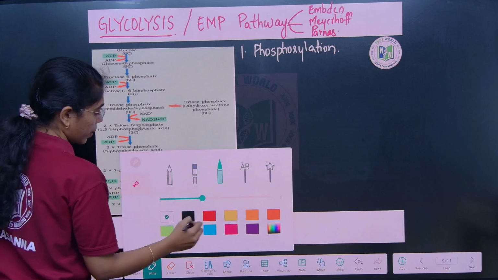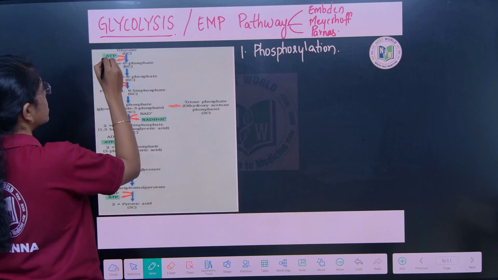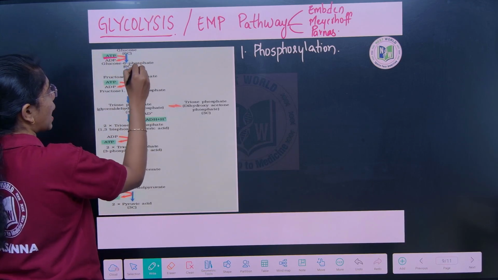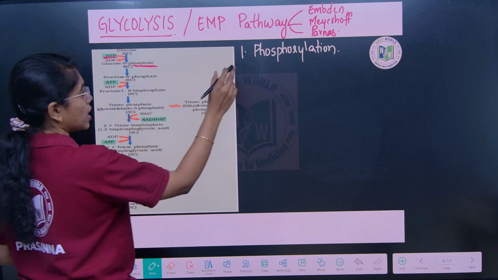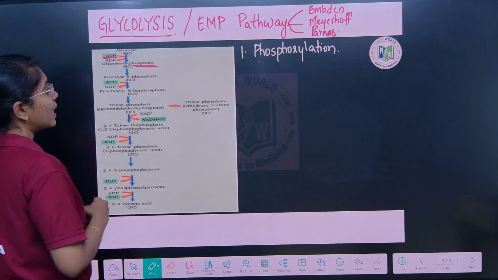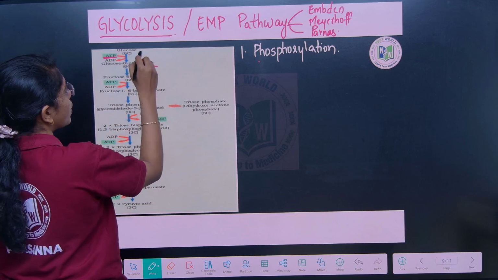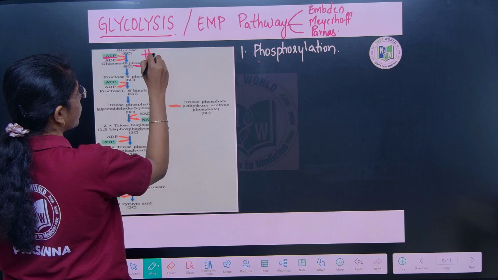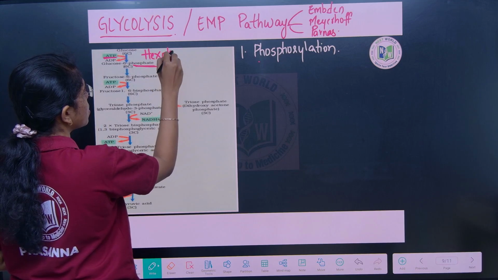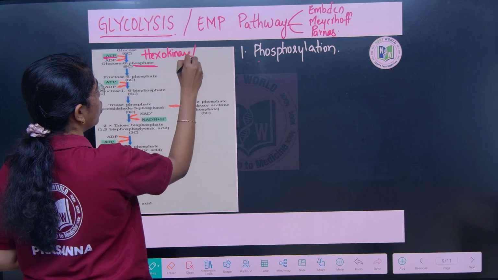This step is addressed as phosphorylation. It is catalyzed by hexokinase or glucokinase.